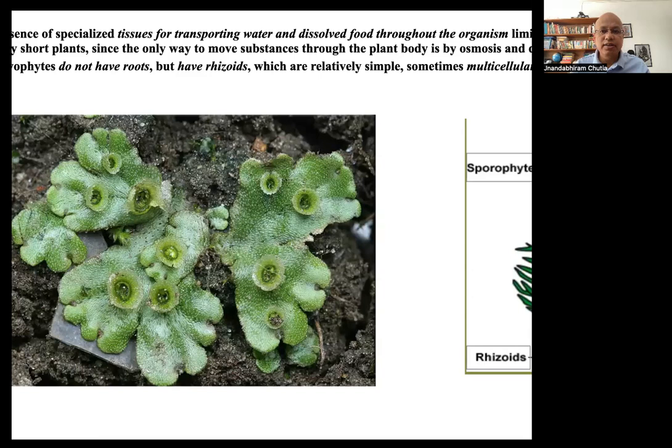And since they didn't have more advanced structures like what we see in the higher plants, like roots for absorption of water, or the vascular bundle for transportation of water and the food materials, since these bryophytes didn't have that amount of advancement in their anatomical features, they had only very less developed rhizoids.